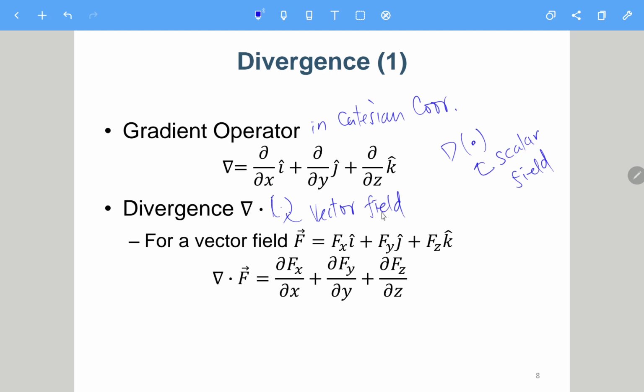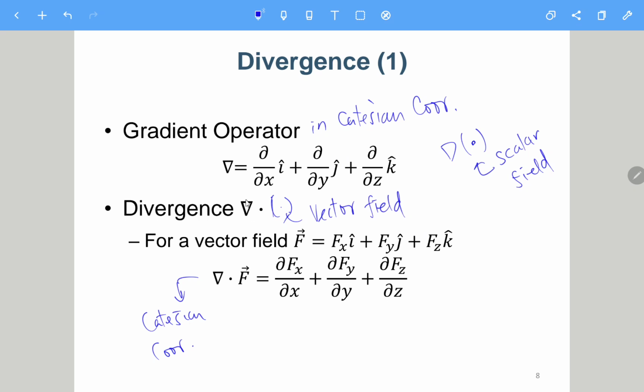Okay, so here we make this one in the Cartesian coordinate. If it is in another coordinate like cylindrical coordinate or spherical coordinate, the expression will be different. But of course, I don't try to go too deep here, so I just explain the simplest case, the Cartesian coordinate.